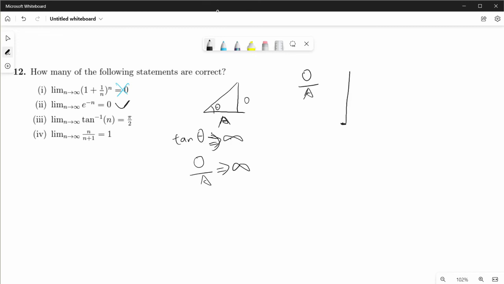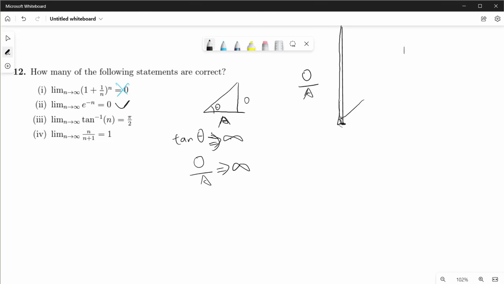If you can imagine a triangle with an infinitely small width but a really tall opposite side, let me draw a straight line here. It's going to be something like this, right? This is the angle right there. And it's so tall that you can tell this is going to be like 90 degrees.